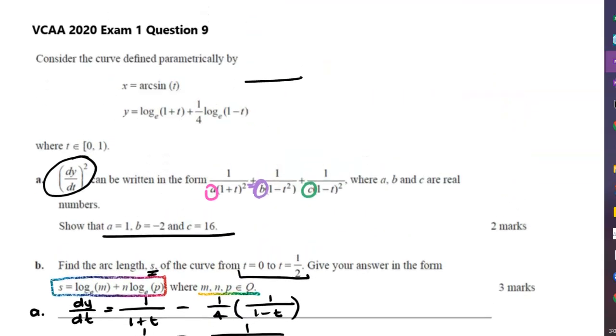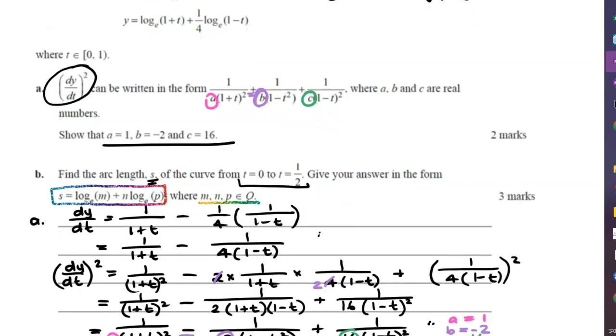So if we look at x, dx/dt is just going to be 1 over the square root of 1 minus t squared. That's one of our nice standard things when we've got arcsine of x. So we previously had dy/dt here, so let's now put it all together.